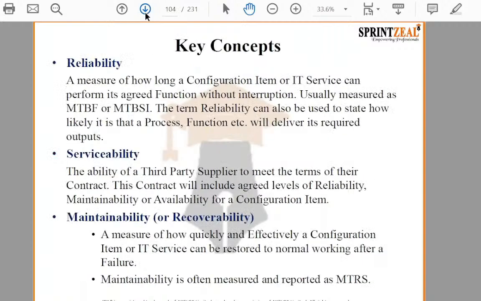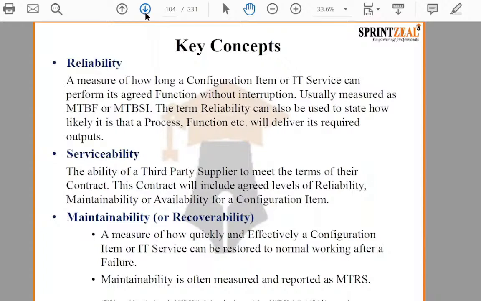Key concepts. Reliability. A measure of how long a configuration item or IT service can perform its agreed function without interruption. Usually measured as mean time between failures, so it's MTBF or MTBSI.